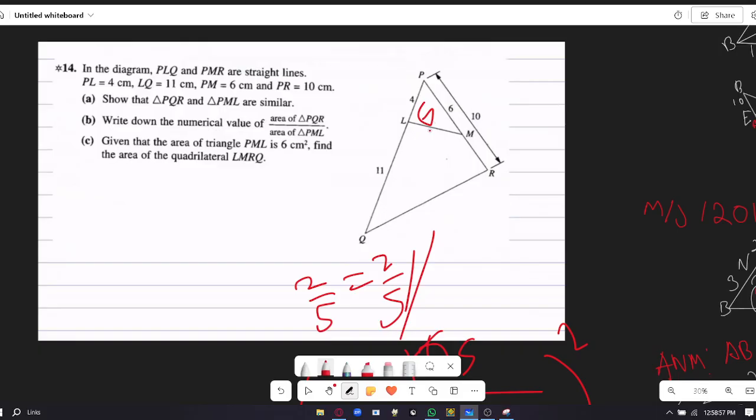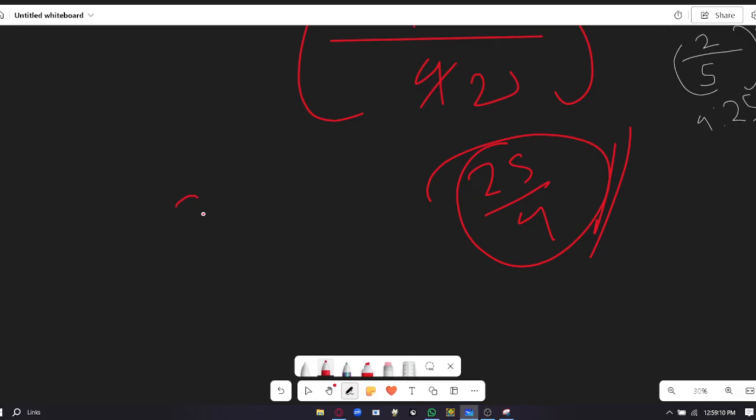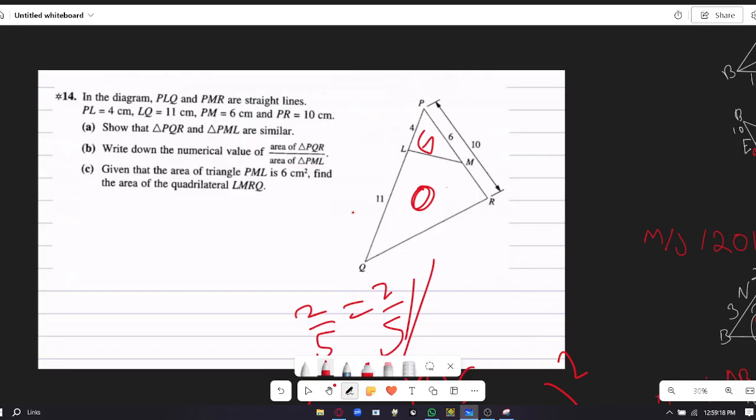So what is the total ratio of the quadrilateral LMRQ? If we know what the total real ratio is, we should know what this is. I hope you guys remember that scale thing. Hopefully you guys remember how that scale system works. It's exactly that.